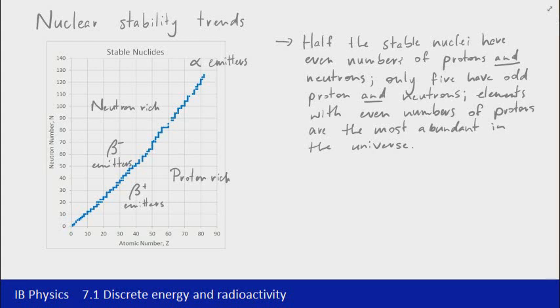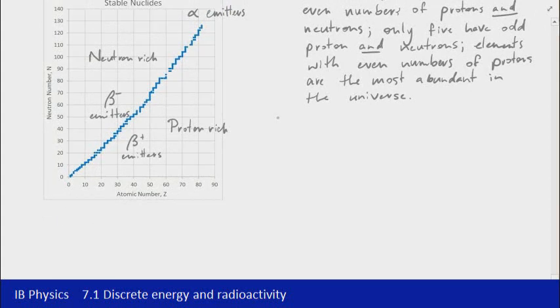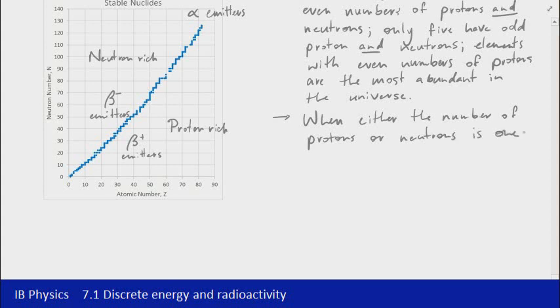The next one that we're going to look at is a bit of an odd one. This one is taking it a step further, and it's when either the number of protons or the number of neutrons is one of the following values, it tends to be stable.